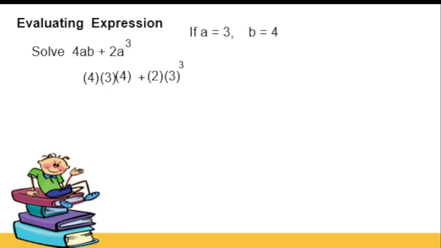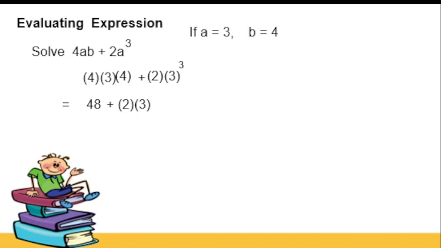Then multiply: 4 times 3 is 12, times 4 is equal to 48, plus. Now, there are two 3's, so get the product of the two 3's. What is the product of the two 3's?